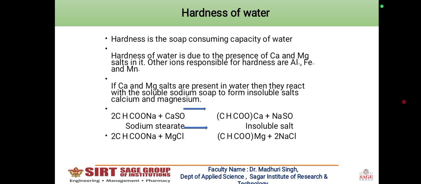The hardness of water is due to the presence of calcium and magnesium salts, and other ions responsible for hardness are aluminium, iron, and manganese. Other heavy metals dissolved in the water are also responsible for the hardness of water.